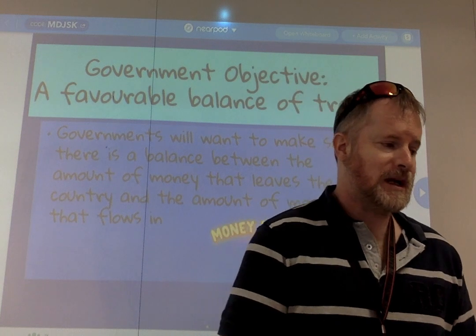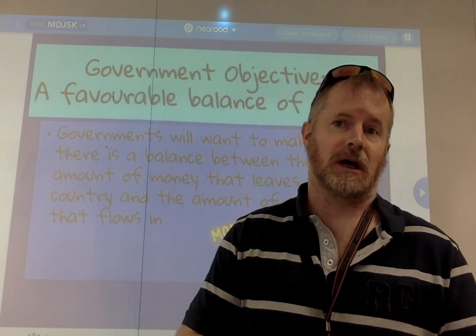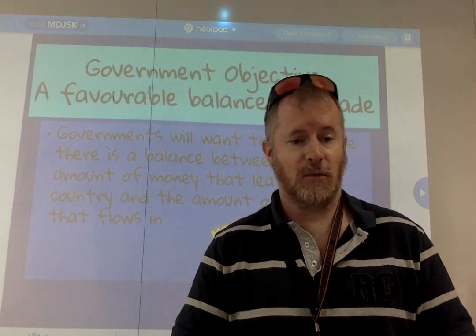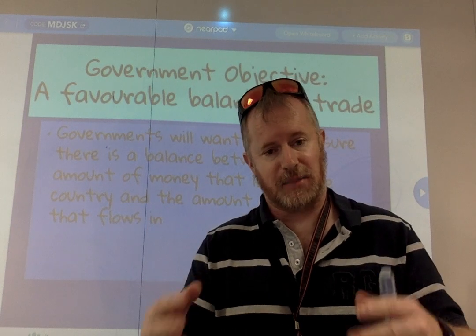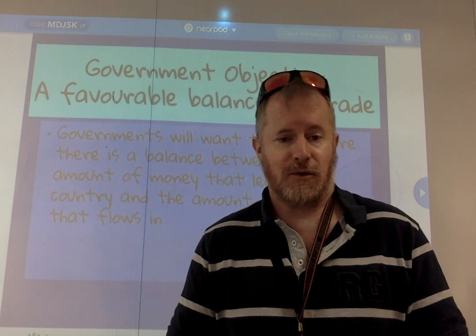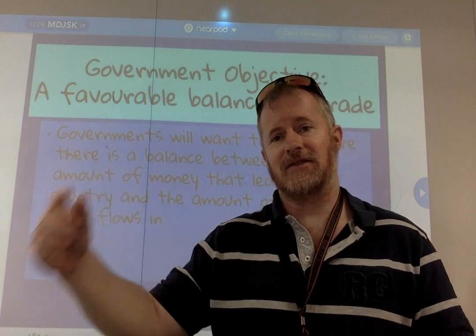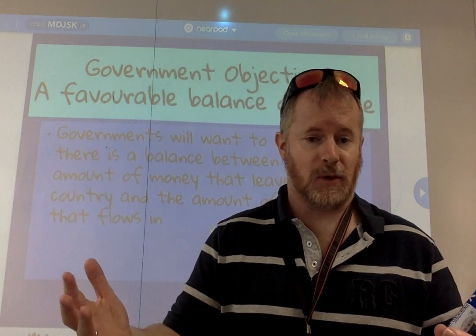So you might make an argument that says that what favourable means is if we're in surplus. You might make an argument that says favourable actually means to have a balanced balance of trade. You might make an argument to say that favourable actually means having a deficit but having a small deficit or a temporary one.